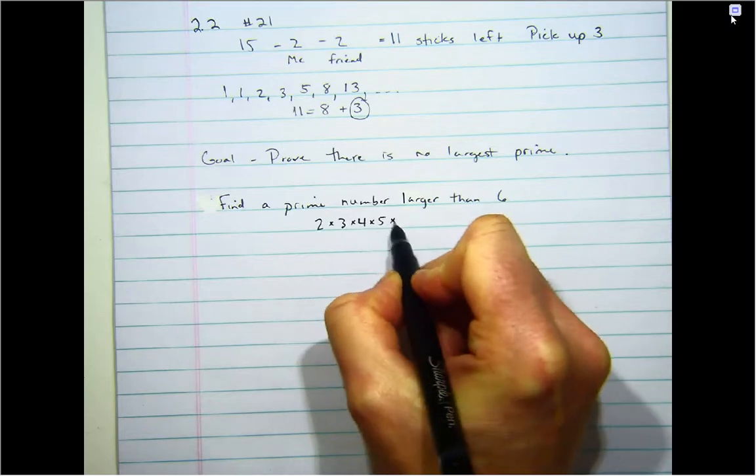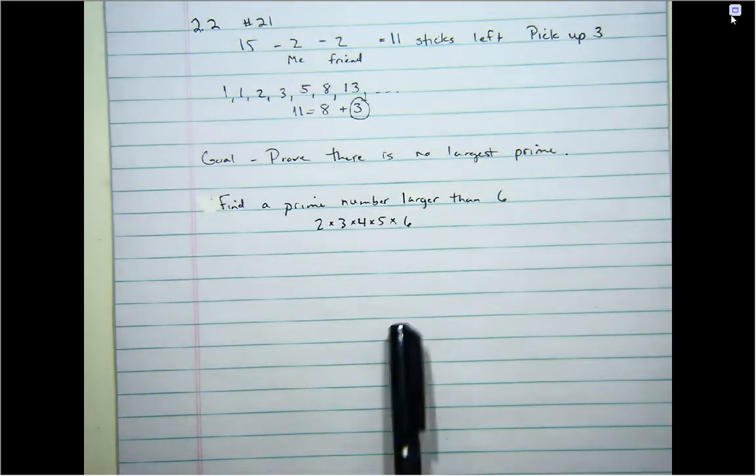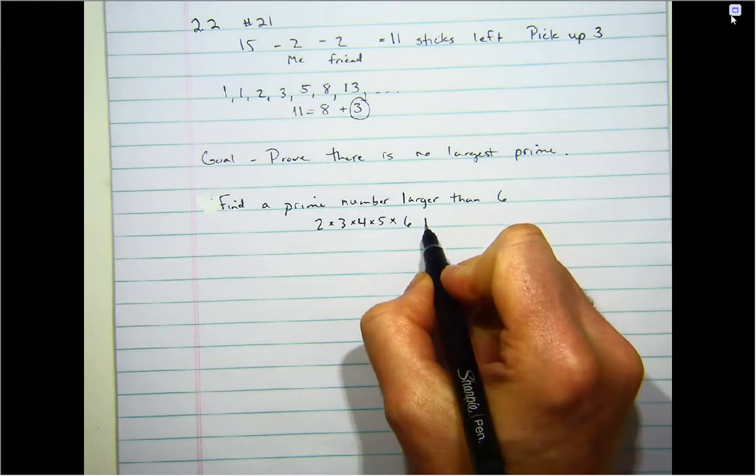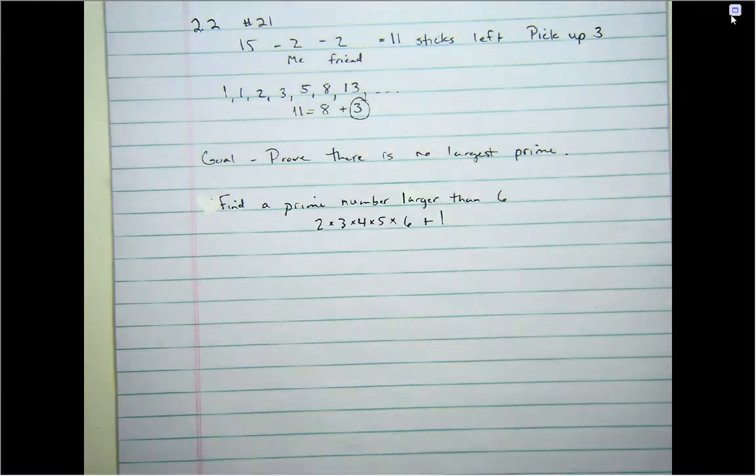So we multiplied 2, 3, 4, 5, and 6. Now this number is evenly divisible by 2, and by 3, and by 4, and by 5, and by 6. So how do we make sure it wouldn't be divisible then? Add 1. Good. Now, whatever this number is, if you try to divide by 2 or 3 or 4 or 5 or 6, you get a remainder of 1. It's not evenly divisible. So let's take out our calculators and see what that number is.